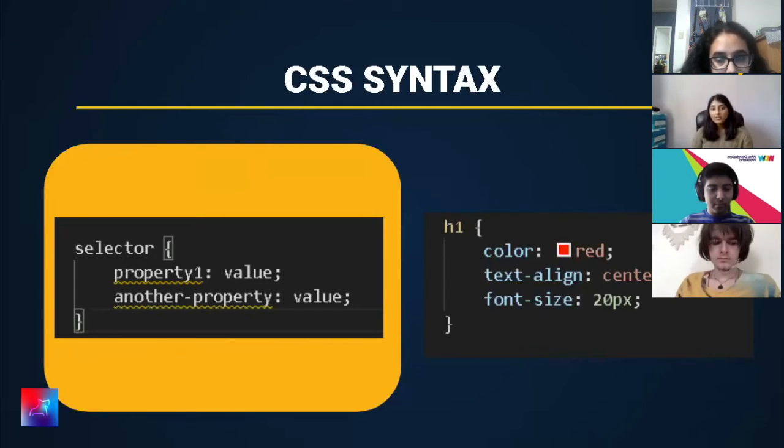For color, there are so many different types of colors just by name or by RGB values or the hex codes. So there's almost an infinite number of ways to add color. But with things like text align, there's only so many ways that you can really align text. So there's only so many values to add for that property.